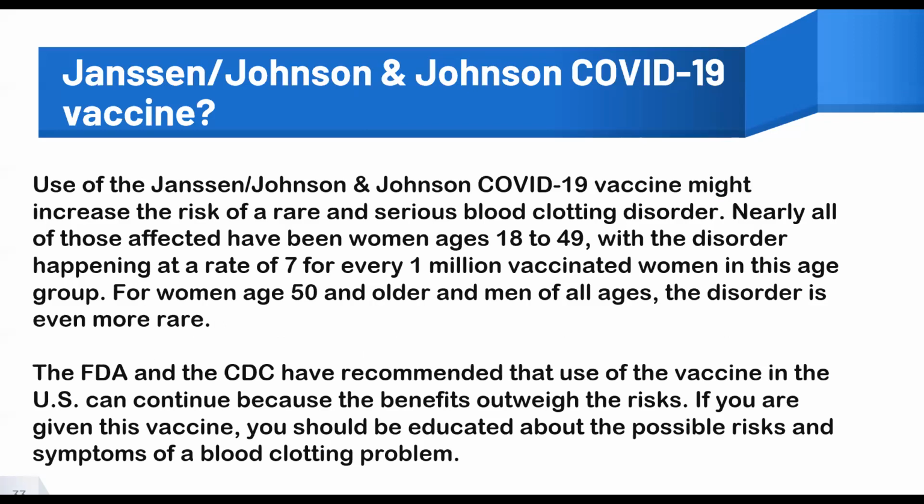For women aged 50 and older and men of all ages, the disorder is even more rare. The Food and Drug Administration and the Centers for Disease Control and Prevention have recommended that use of the vaccine in the US can continue because the benefits outweigh the risk. If you are given this vaccine, you should be educated about the possible risks and symptoms of a blood clotting problem.